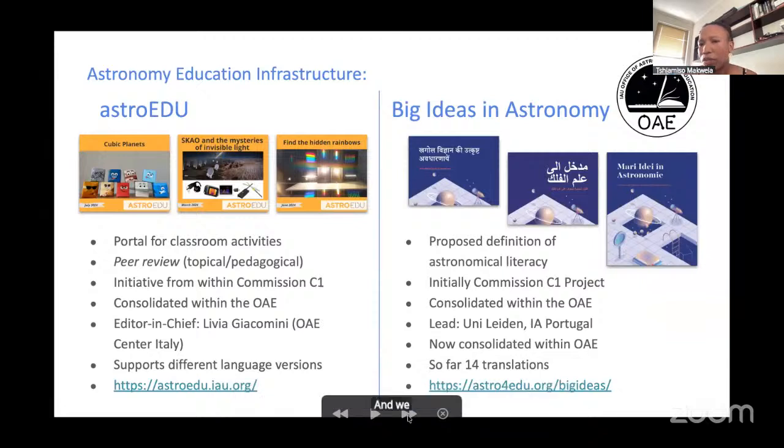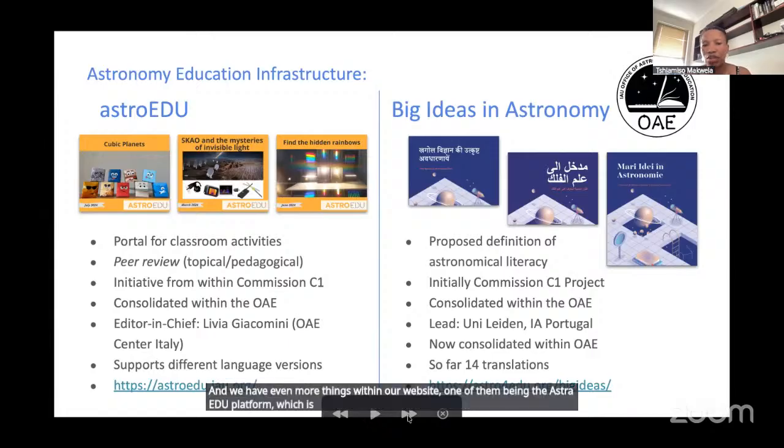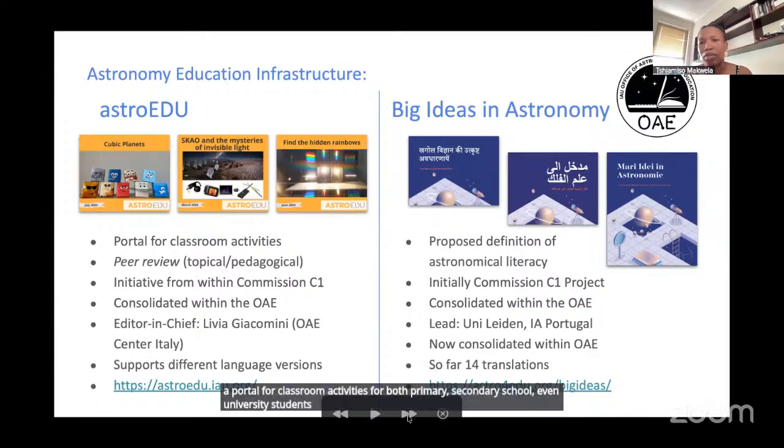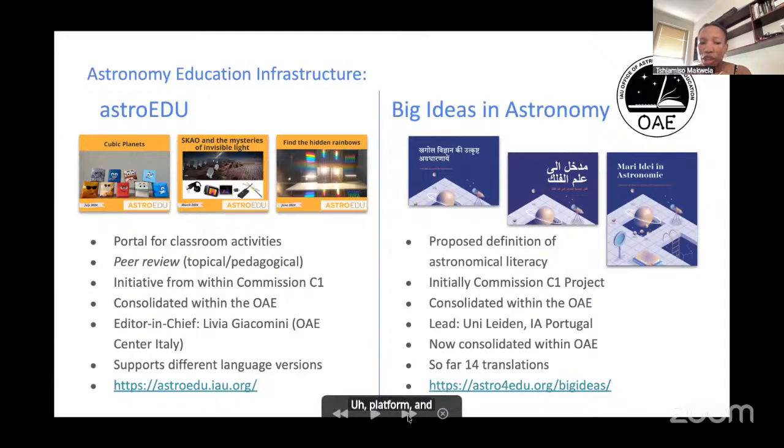And we have even more things within our website, one of them being the Astro EDU platform, which is a portal for classroom activities for primary and secondary school, and even university students have some activities on our Astro EDU platform. If you have activities that you have also developed, you can always submit them through the Astro EDU platform.